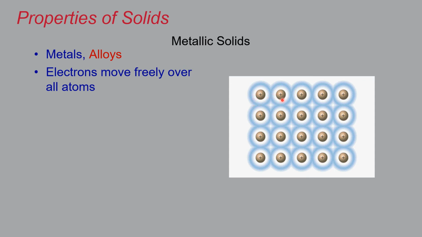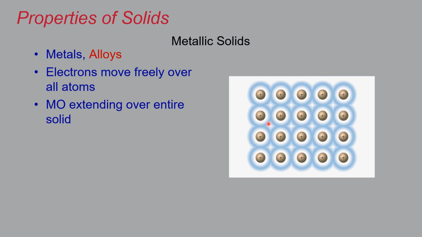One of the names for this is the electron sea, or the electron cloud model. And it's just saying that, for each atom, there might be 1 to 2 to 3 electrons that it contributes to basically one huge bond that covers the entire sample.